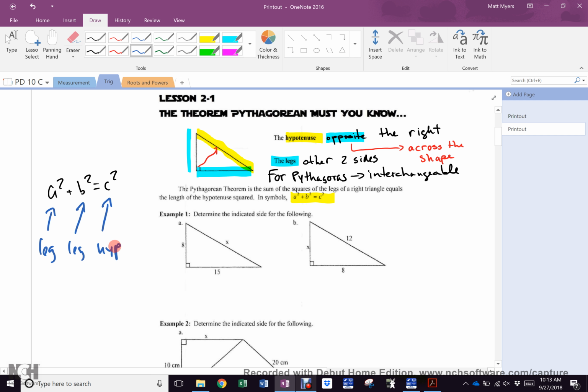There is a problem with that because I've been teaching math for 20 years. Sometimes, just for fun, I draw a triangle like this. I say that's 3. I say that's 4. And I say this is B. And I ask you to solve it.